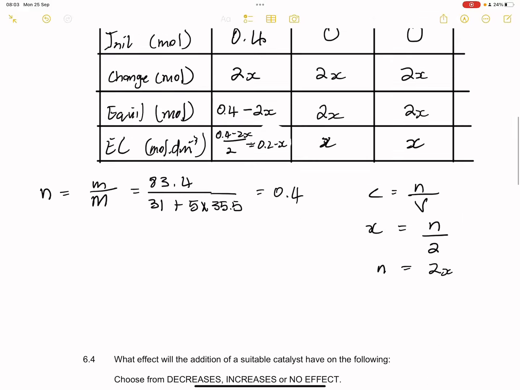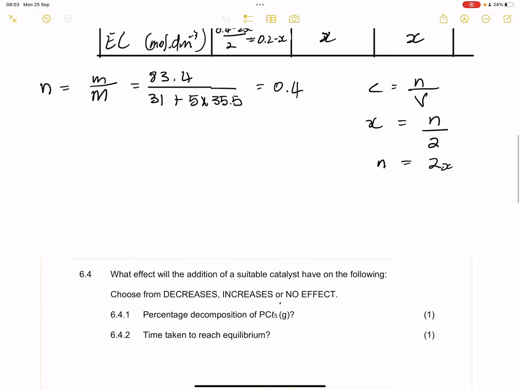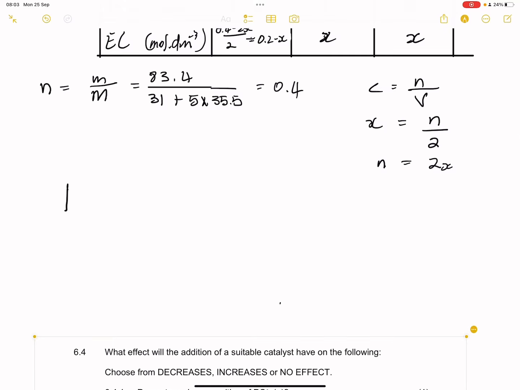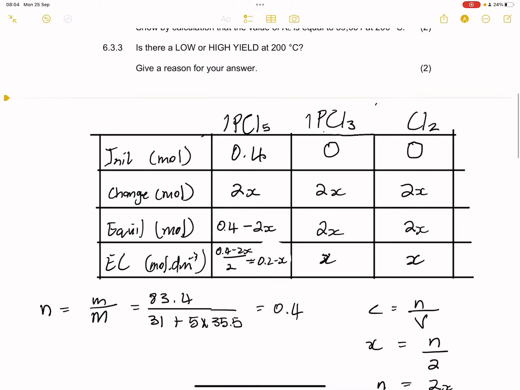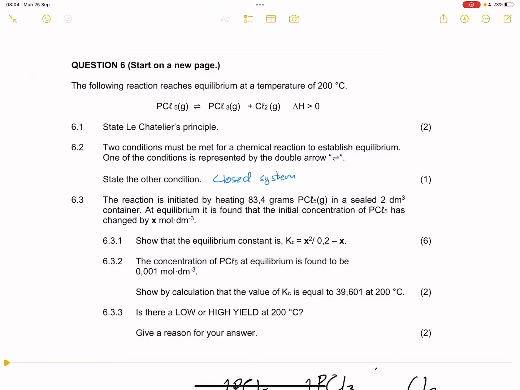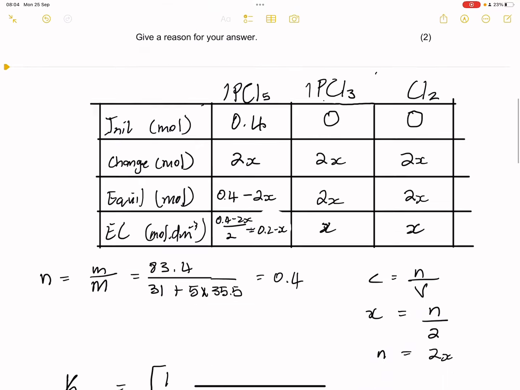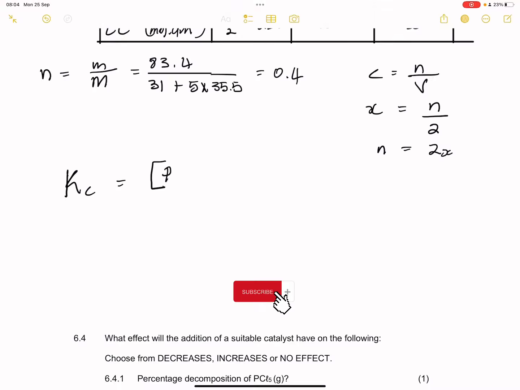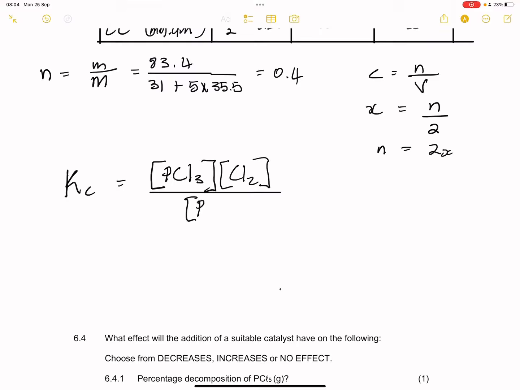So if I want to calculate the equilibrium constant, Kc, it is the molar concentration of my products, PCl3 and Cl2, both in gaseous phase, PCl3 multiplied by Cl2, divided by the molar concentration of my reactants, which is PCl5.